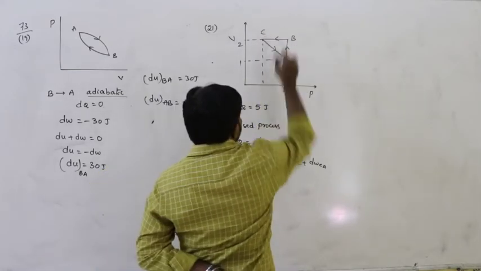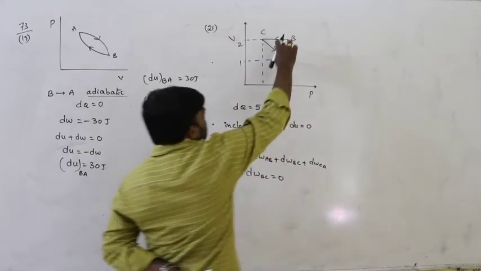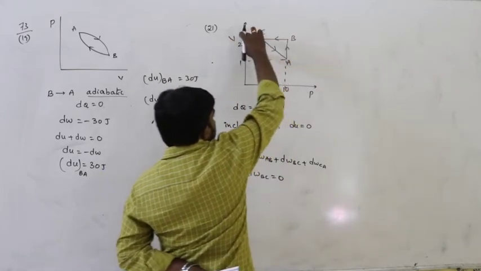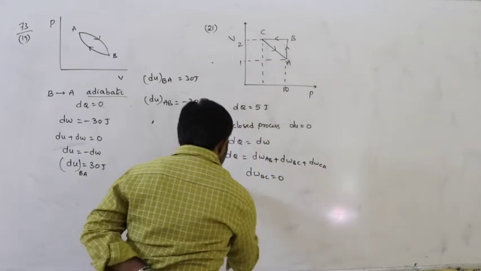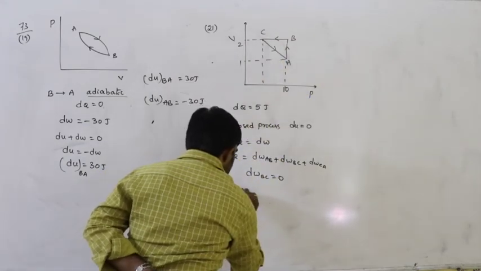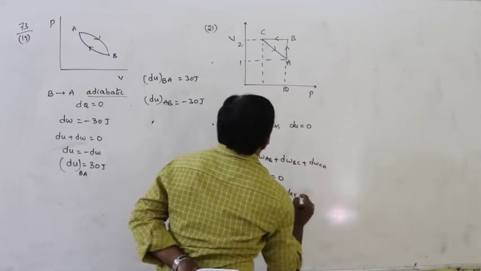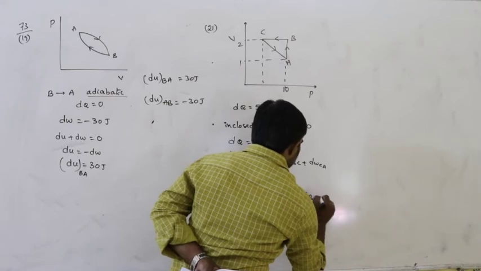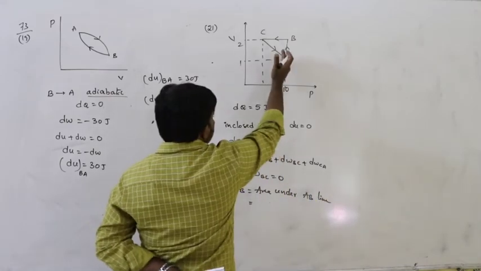From A to B, the area under the PV graph gives the work done. What is the shape? A rectangle. So work done of AB is the area under the AB line, base into height.